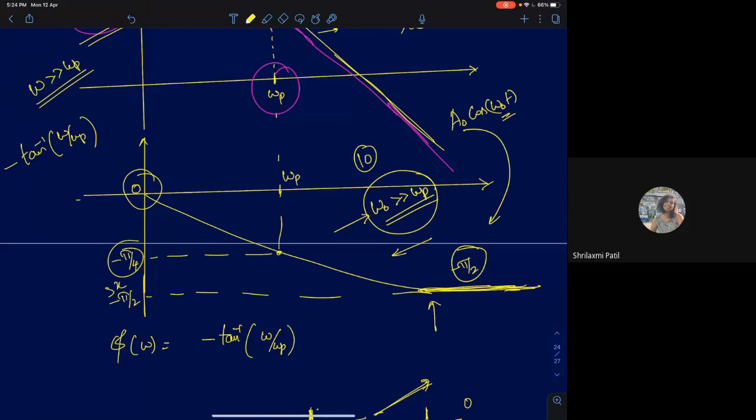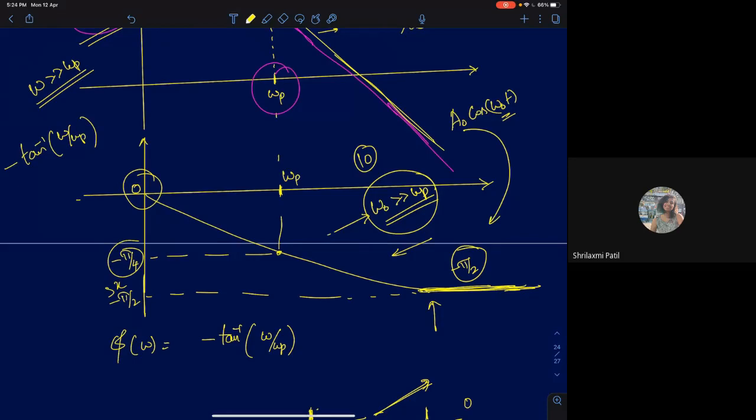If you move a decade away from the pole, we will assume the phase has reached more or less 90 degrees. So that's why we will use this relationship, roughly 45 degrees per decade. The change in phase is roughly 45 degrees per decade. Okay, so that's a result we generally tend to use. Again, this is an approximate result, but it works pretty well.